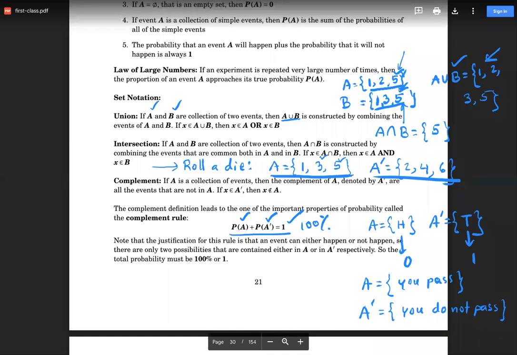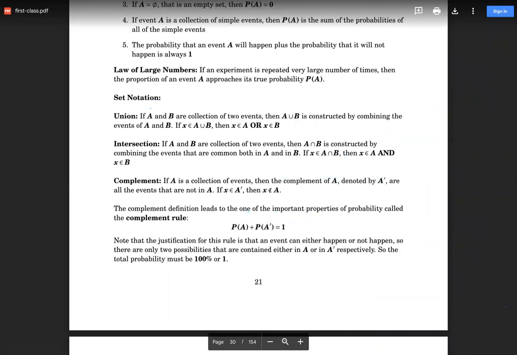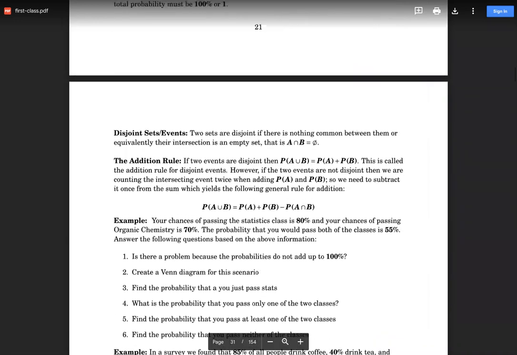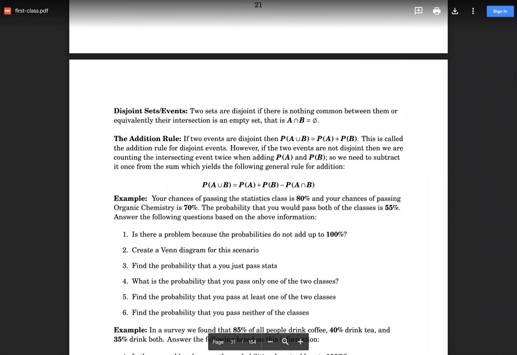So this set theoretic notation, please try to remember: A union B means the union of both sets. A intersection B means what is common or what is present in both of these sets. Concepts of set are fundamental to mathematics. Two events are disjoint if A intersection B is the empty set.